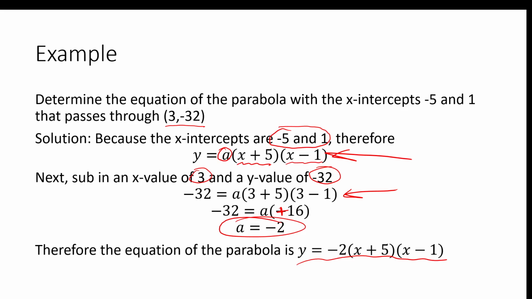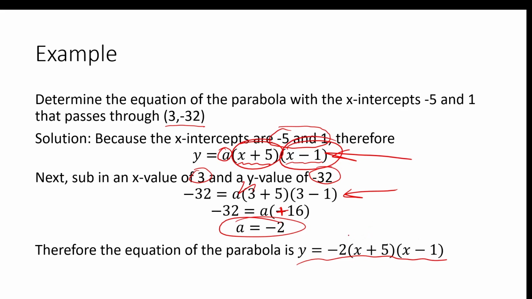Okay, now the reason you might be curious at the start of this slide: if we knew the zeros were -5 and +1, why did we have to change the sign when we went to put it into the factored form right here? And the final answer sort of gives that away.